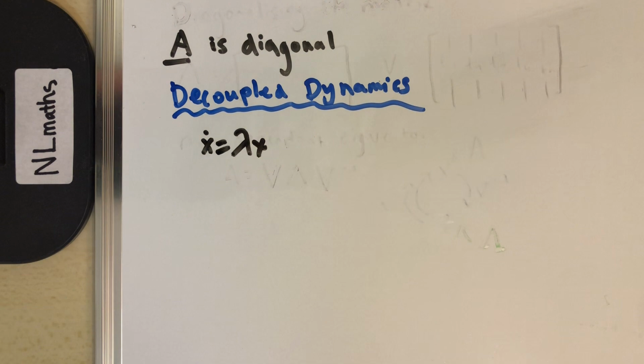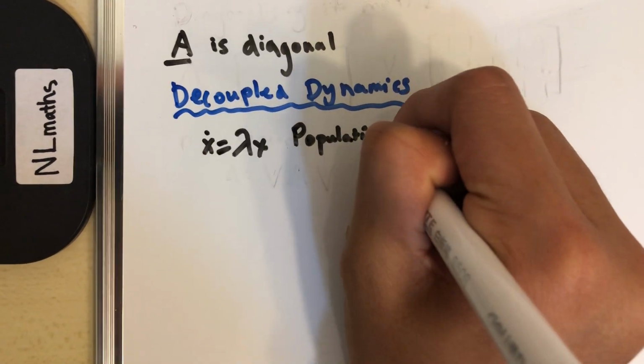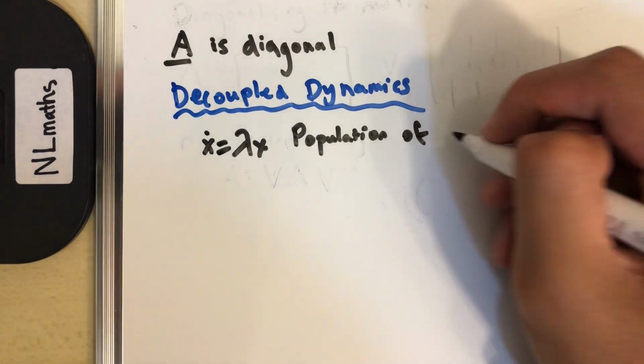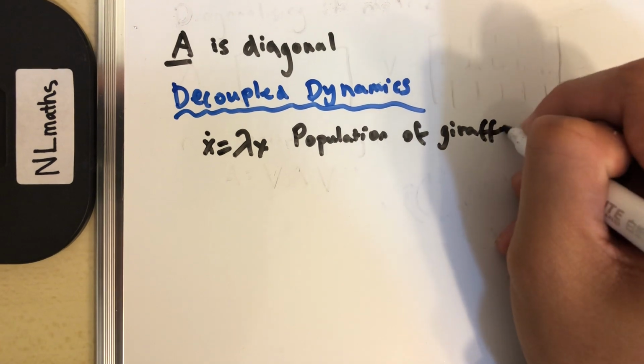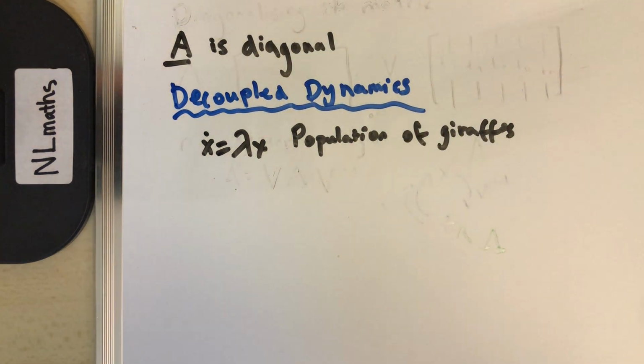I like to think of this with an intuitive sense, maybe the population of giraffes. So the change in giraffes over time is just equal to a specific constant, and that's how they reproduce.